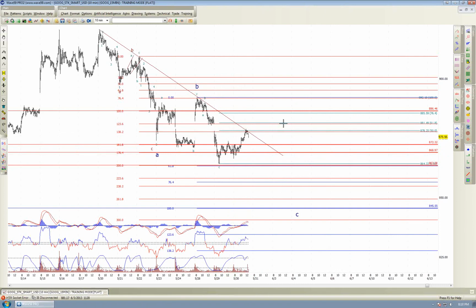So you can see it hits that resistance, struggles there. I would really like to see one more wave up in the C wave that holds above this support right here. This would be the top of wave 1 in that C wave, if you can see that. B, maybe C up to there.